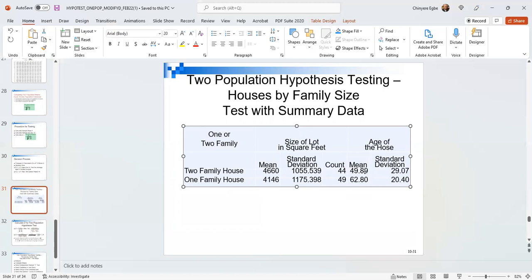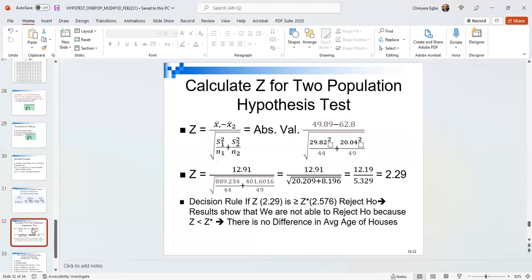We look here at average age. See, there are two different averages we're looking at here. For age, the mean is 49.389, and for one family houses is 62.8, and we have two standard deviations. For the amount of living space, the mean is 4,660 compared to 4,146, and we have a standard deviation. So we're going to use those to do an example.